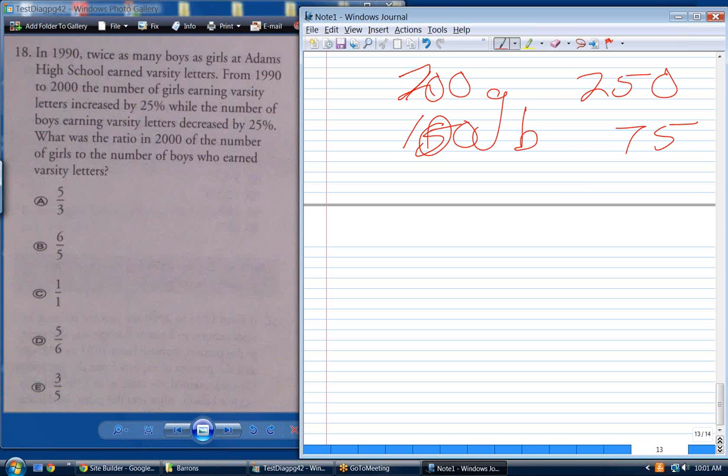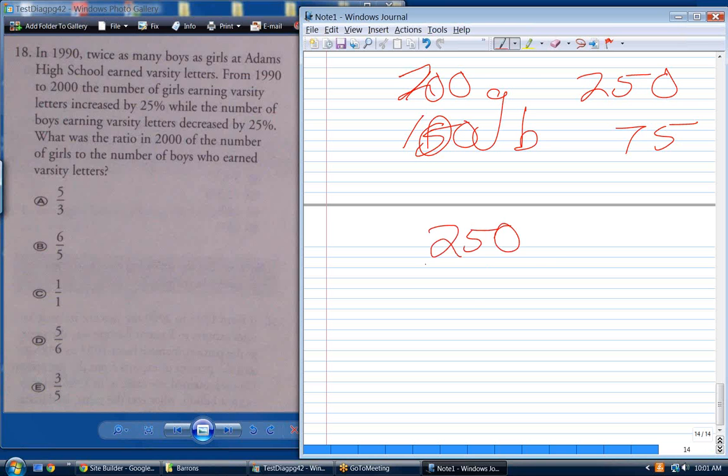Okay. So a lot of times when you pick numbers, the secret is to pick the right numbers, and that usually is governed by whatever we have to do to those numbers. So what's the ratio in 2000 of the number of girls to the number of boys? That's pretty easy.